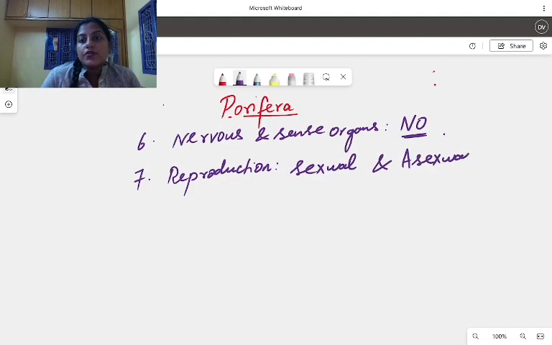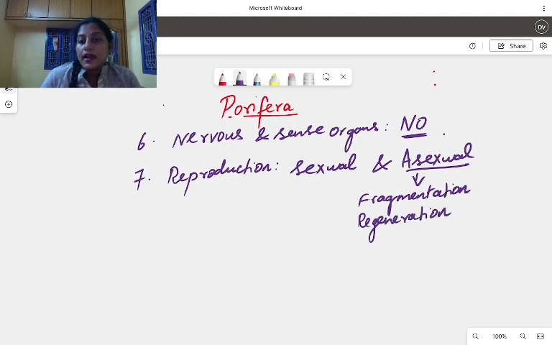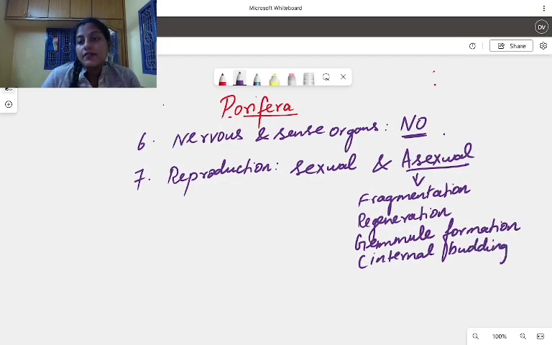Under asexual, what are the types? Fragmentation, regeneration, and gemmule formation. What is gemmule formation? Gemmule formation means, children, it's like internal budding. Internal budding. These are different types of asexual reproduction.